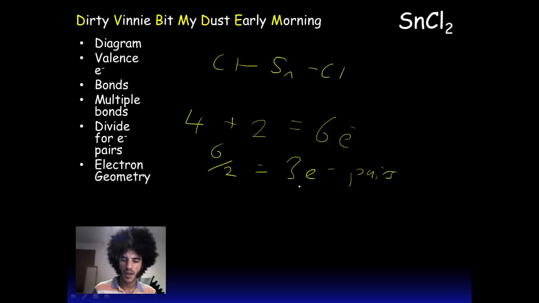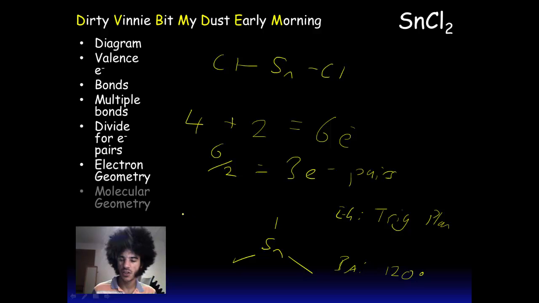So if I've got 3 electron pairs, it must be Sn here, bond there, and pairs of electrons in those 3 areas. So I know that my electron geometry from this is trigonal planar. As a result, my bond angle must be somewhere around 120 degrees. I'll refine that later.